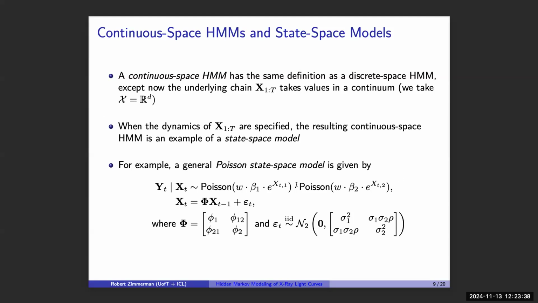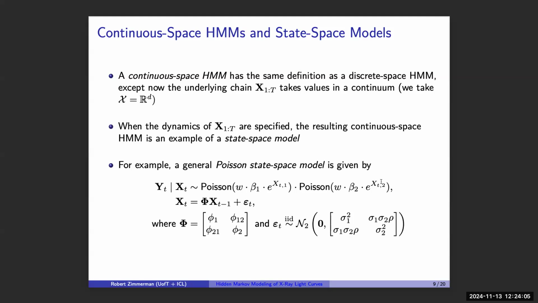For a very typical and very relevant example, here's a Poisson state space model. If we have xt, which is a vector, with d equal to 2 here, xt takes values in the plane, and we'll say that xt is (xt1, xt2). Conditional on knowing xt1 and xt2, the observed values, the yt's, which are also bivariate, (yt1, yt2), are given by a product of Poissons.